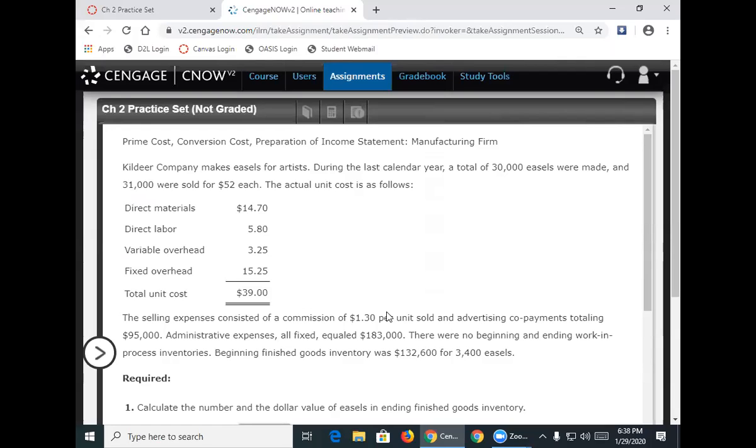They tell us selling expenses consisted of a commission of $1.30 per unit sold, and advertising co-payments totaling $95,000, administrative $183,000. There were no beginning and ending work in process inventories. Well, that makes life easier. Beginning finished goods inventory was $132,600 for the 3,400 easels that were in beginning finished goods. So a lot of information, right? But we'll break it down piece by piece.